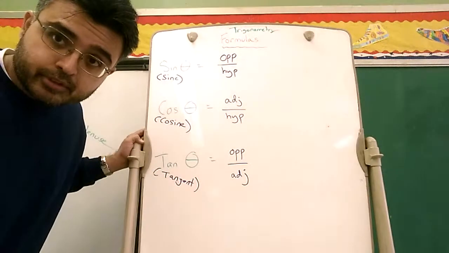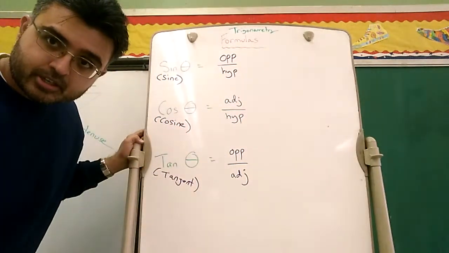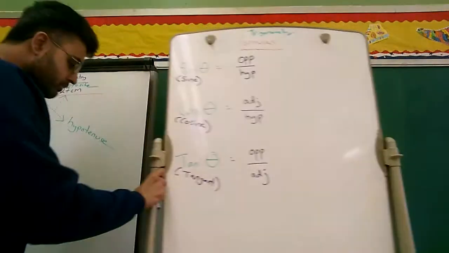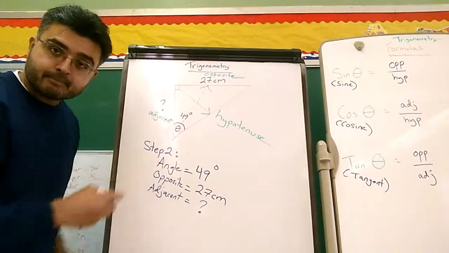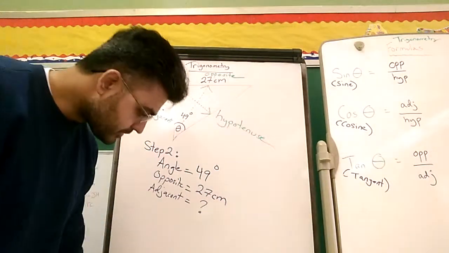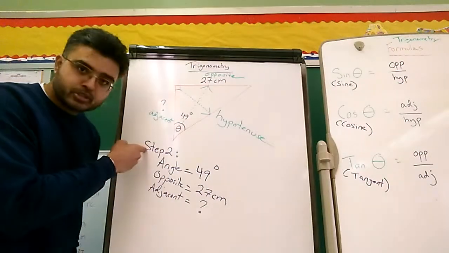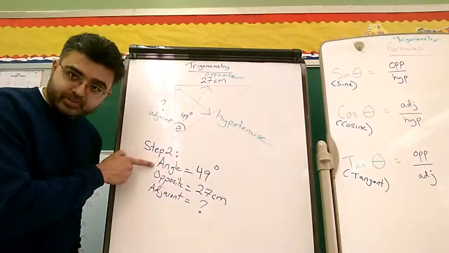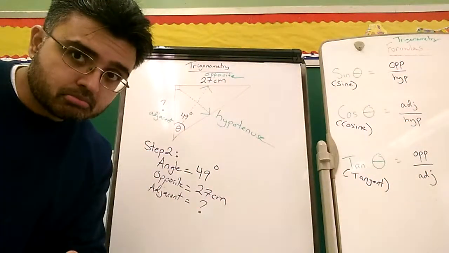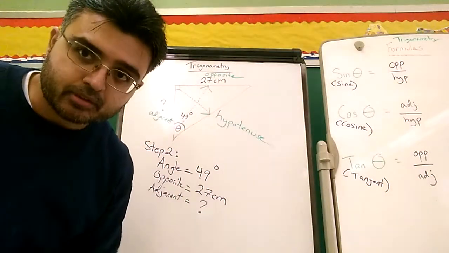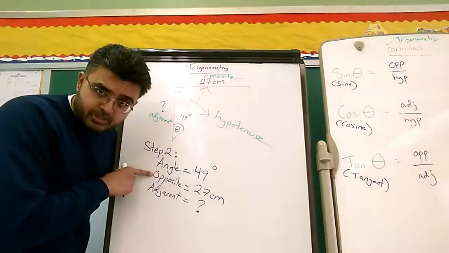Now we have to figure out which one of these formulas we use in order to solve our question right here. How do we do this? Take a look at your step 2, the information that you have. First of all, you're given an angle, okay? Angle is good. We have an angle. All 3 formulas use an angle. That's fine. Now, we have an opposite.